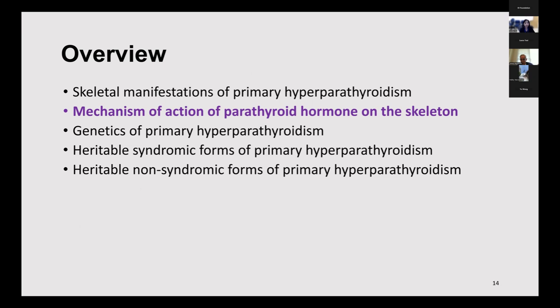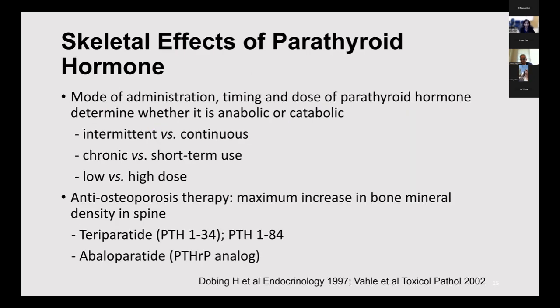So let's move on to discuss the mechanism of action of PTH on the skeleton. So what is our current state of knowledge? We know that the effect of PTH on the skeleton depends on its mode of administration, whether it is administered intermittently versus continuously, on its timing of administration, whether chronic versus short-term use, and the dose, whether low dose versus high dose.